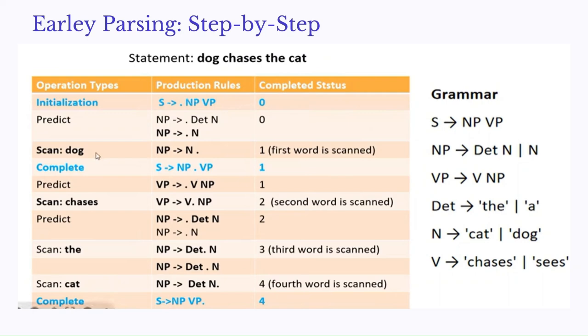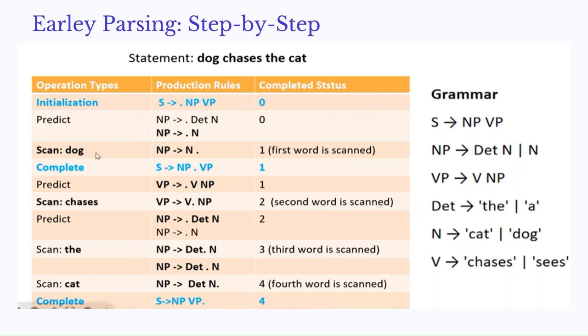When you scan dog, it is a noun phrase which gives noun, and the dot is moved to this side. Once you scan the word dog and complete it, the dot in the initialization sentence moves to NP dot.